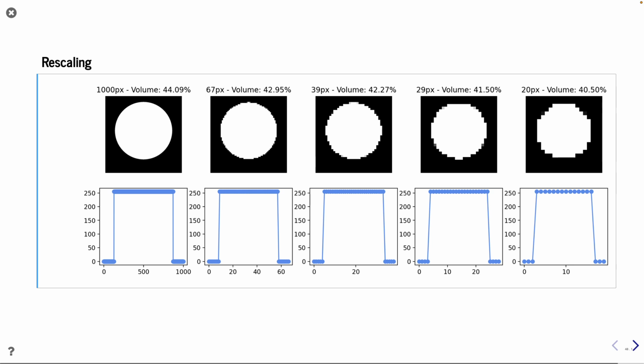Rescaling is another problem. It's not uncommon that you have a large image and you say, oof, that's too big, I downscale it. Then we see in principle the same effect as before: downscaling a 1000 pixel image gives you this volume error of 44% that we had before, and downscaling to different levels gives you more and more errors.